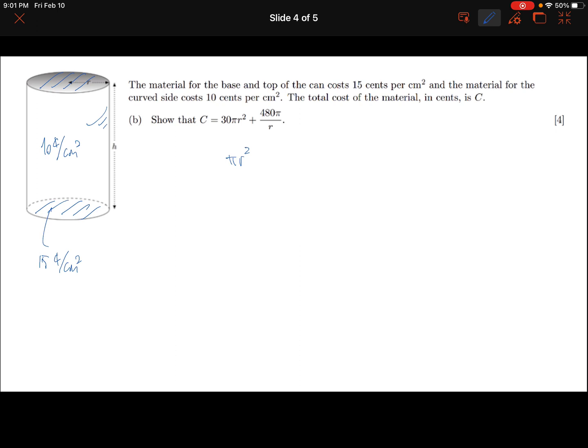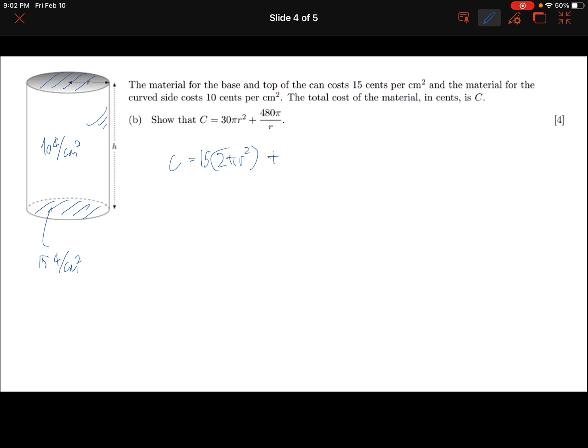From there, what we need to do is multiply it by 2, because there are 2 of them. And then we also have to multiply it by the cost per centimeter squared, which is 15. And that's going to be our base and top cost function. But we also have the problem of the curved side.